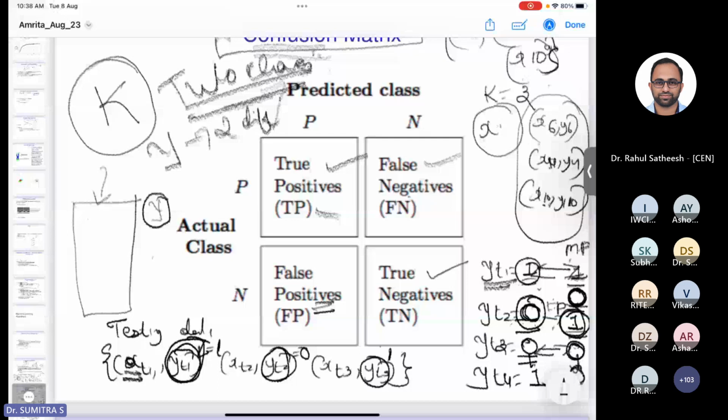Actually it is positive, but the model falsely says that it belongs to the negative class. So we call it a false negative.